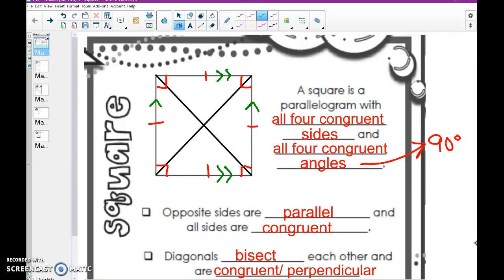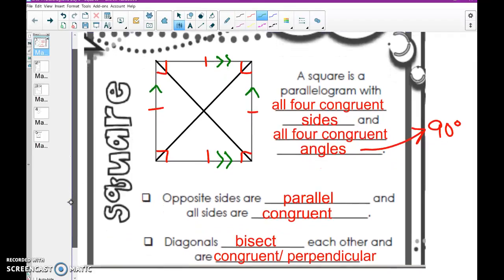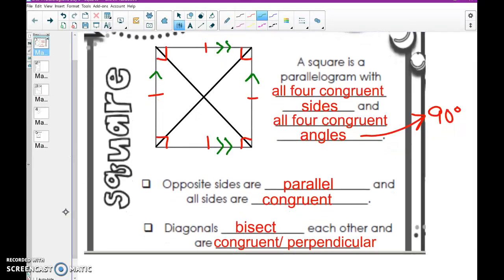The final piece is these diagonals. Those ones kind of throw people off a bit. They bisect each other, which means they cut each other in half, which means this and this would be the same. And then they also share the quality with rectangles that they're congruent, which means, oops, I should put 2 in these, by the way, that all 4 segments are going to be the same.